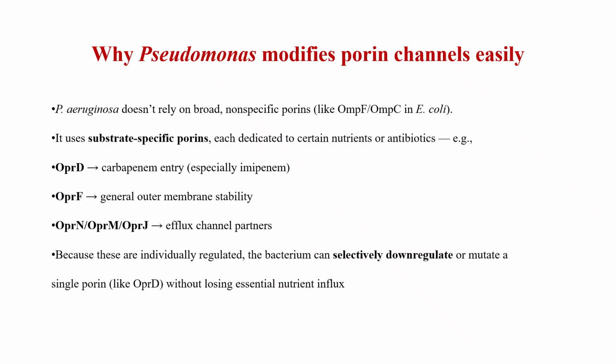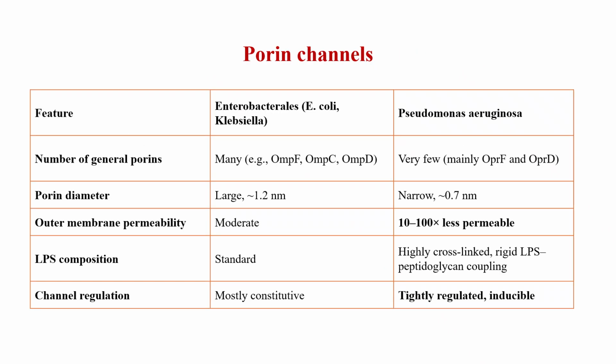So these are beta lactamases, but in Pseudomonas we already discussed that it has very few porin channels, and the porin channels are very small. That is the reason why Pseudomonas is intrinsically resistant to many of the antibiotics. Among these porin channels, one specific porin channel which we have to remember is OprD, which causes selective imipenem resistance.